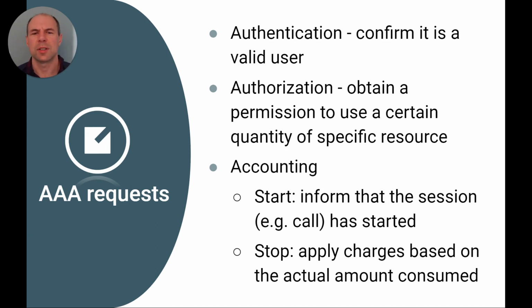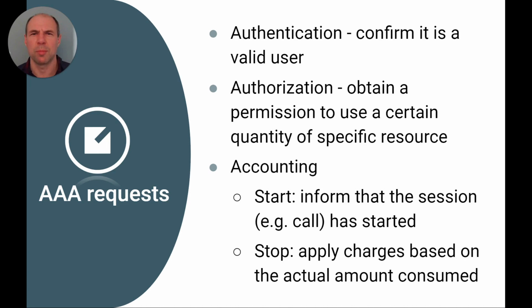And then finally, there is a type of request called accounting, which informs billing about things actually happening. So start accounting tells PortaBilling that the call actually started, because between authorization and start there can be some time.